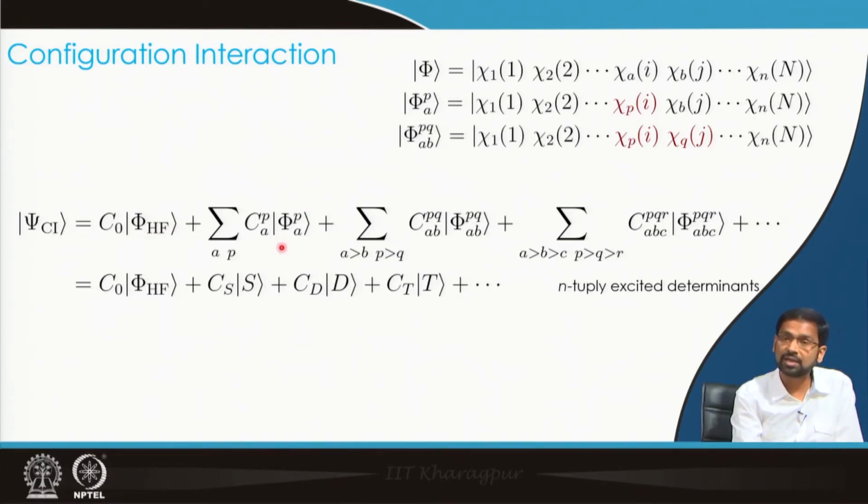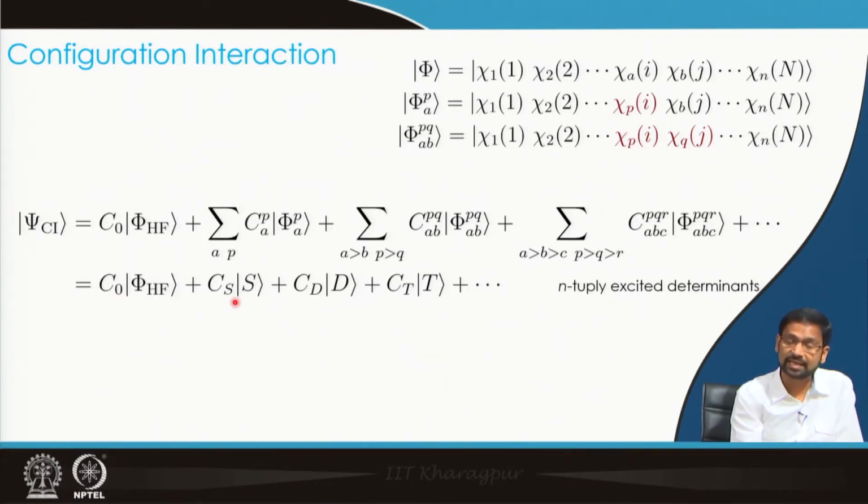Then all 1 electron excitation terms, all 2 electron excitation terms, all 3 electron excitation terms, and I can go on until all n-tuply excited determinants. So, this sum will go up to n-tuply excited, that means singly, doubly, triply, and up to whatever number of electrons you have in your system. Now, alternatively, instead of looking at these individual terms, just to simplify the writing, we are calling this the original one, the ground wave function.